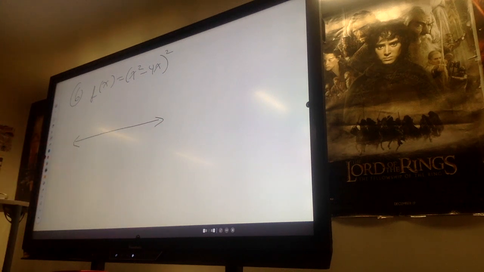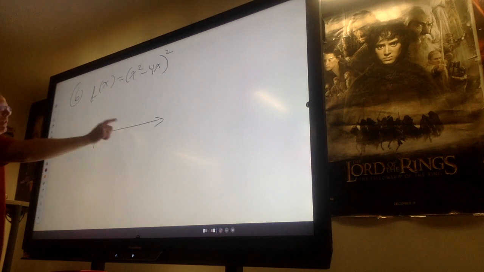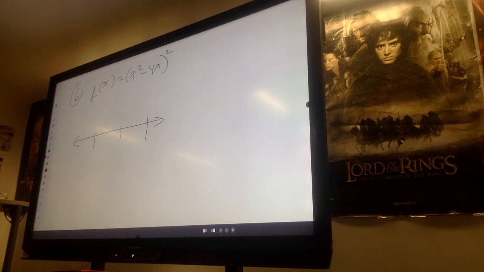All right, Desmos time. So when you graph it, go y equals parentheses x squared minus 4x parentheses squared. So this will be a 4th degree, so it's probably going to look like a W, probably. Tell me where you see a max or a min. I think there should be 3 of these, I think.